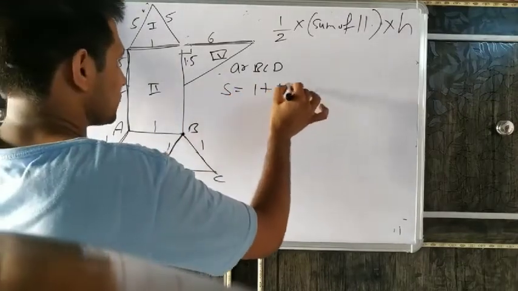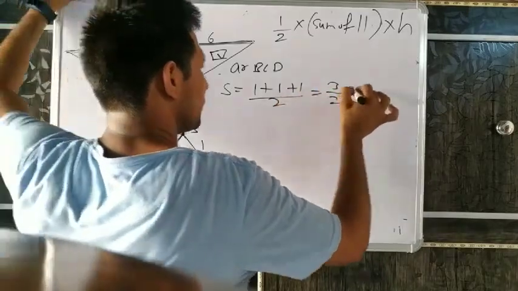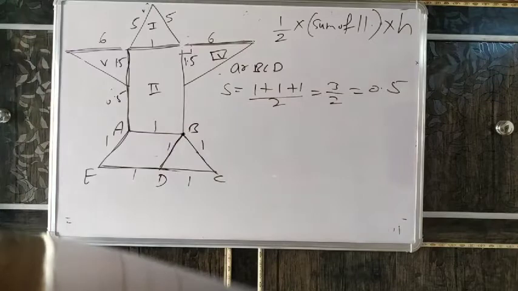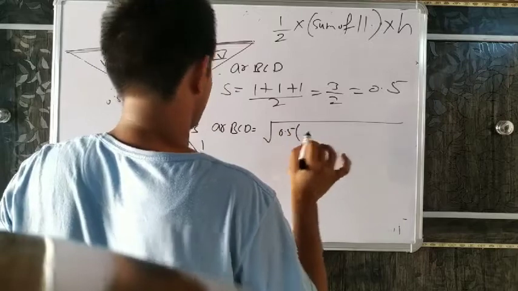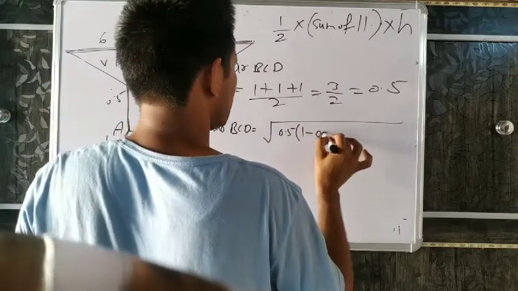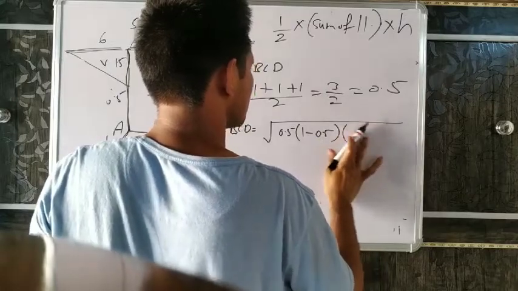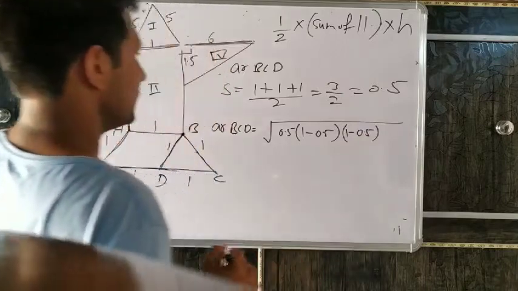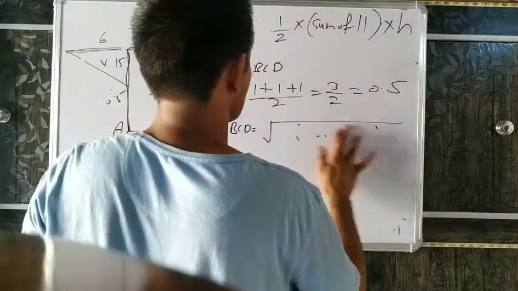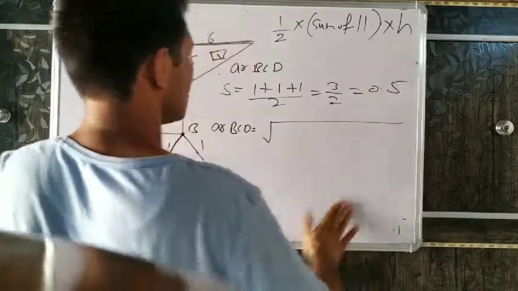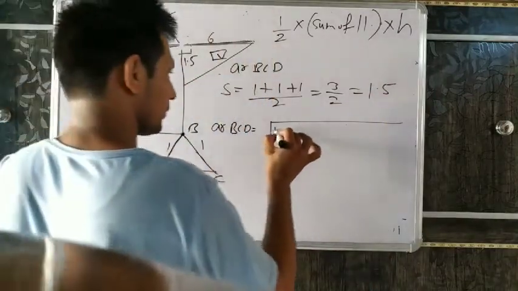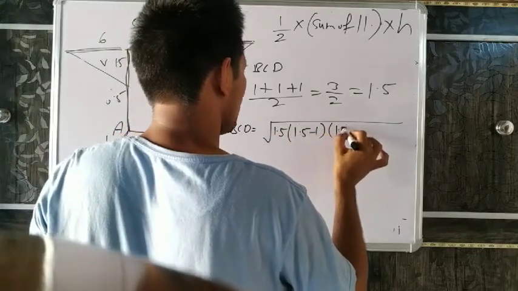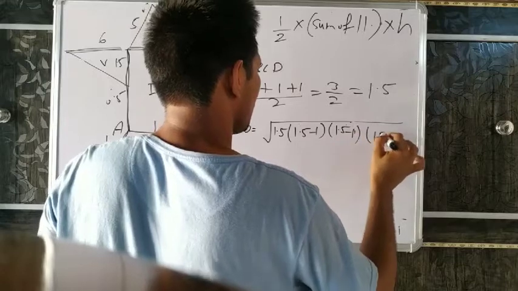Semi-perimeter S is 1 plus 1 plus 1 divided by 2, which is 3 upon 2, 1.5. So the area of BCD equals the square root of S into S minus a, S minus b, S minus c: 1.5 into 1.5 minus 1, 1.5 minus 1, 1.5 minus 1.